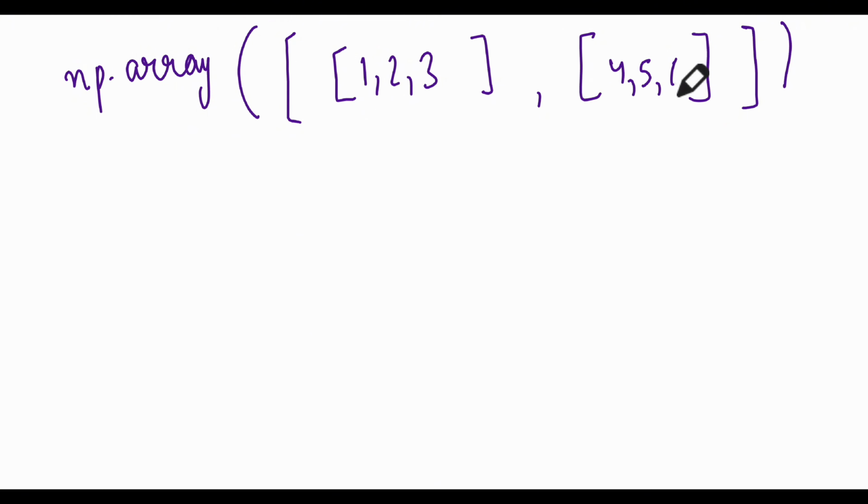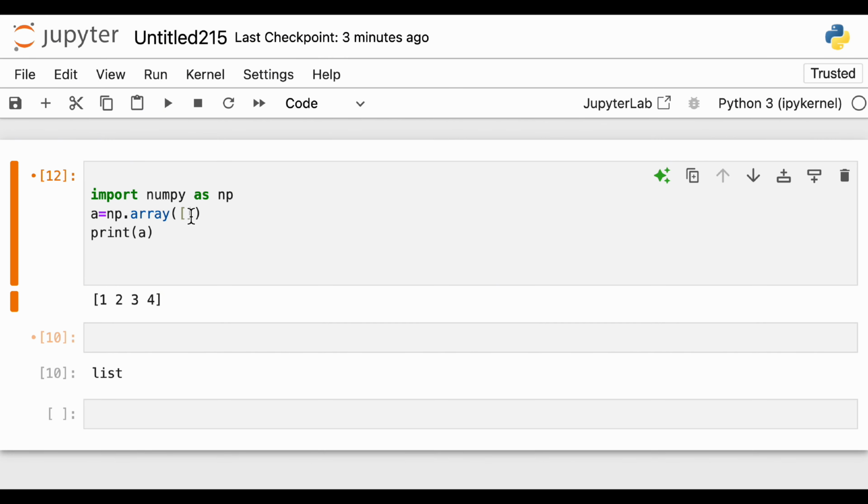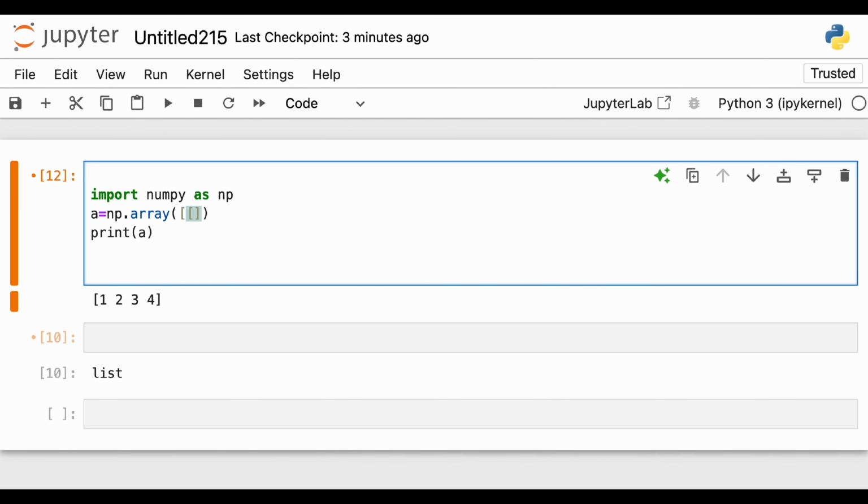It will result in something like this, 1 2 3 4 5 6. So np.array, 1 2 3, comma, 4 5 6.